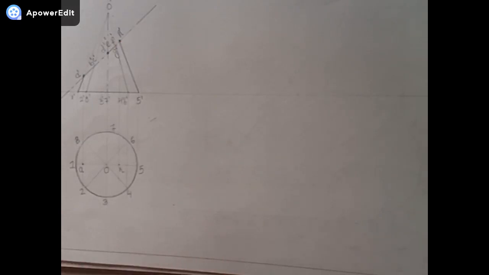See guys, these all 6 points are not on the true length of the slant edges. So there is a simple procedure for that. I'll explain the procedure for the 2 points B dash and C dash. So I want everyone to pay attention at this step, and after this I'll make an arrow.